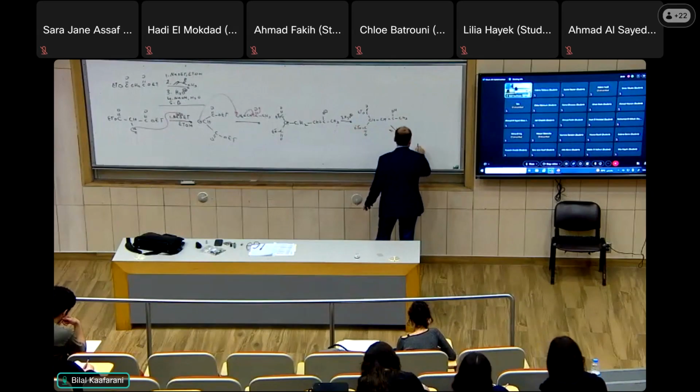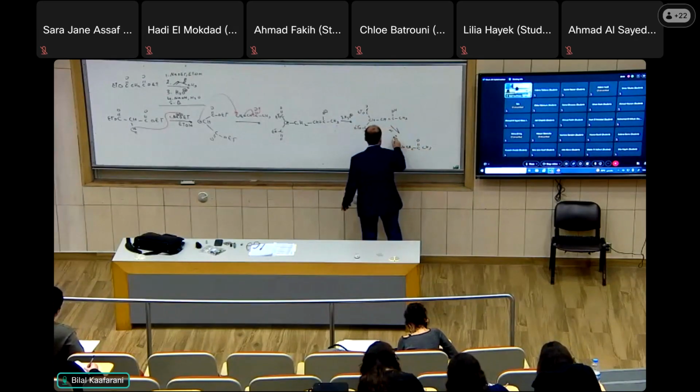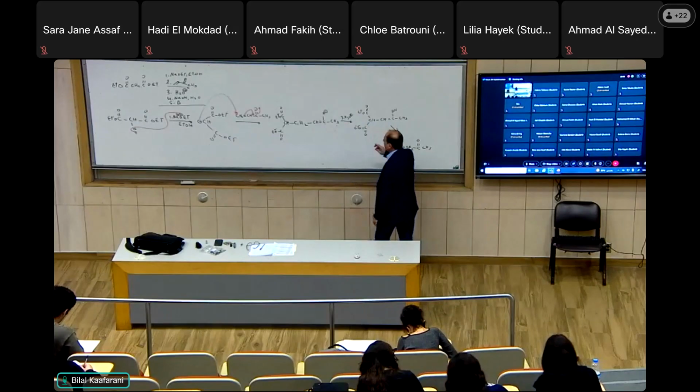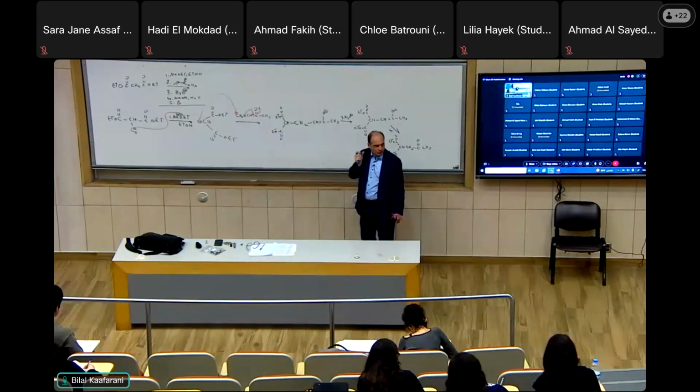So I got C double bond O, CH3, CH2, CH, C double bond O, O ethyl, C double bond O, O ethyl. Now here in step 3, you can monitor the pH. It could be that just adding water will do it, okay?